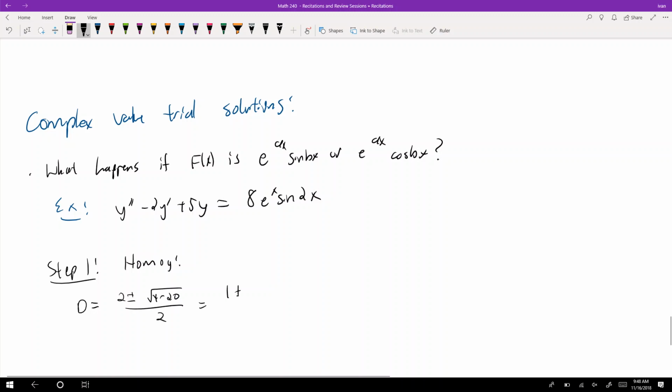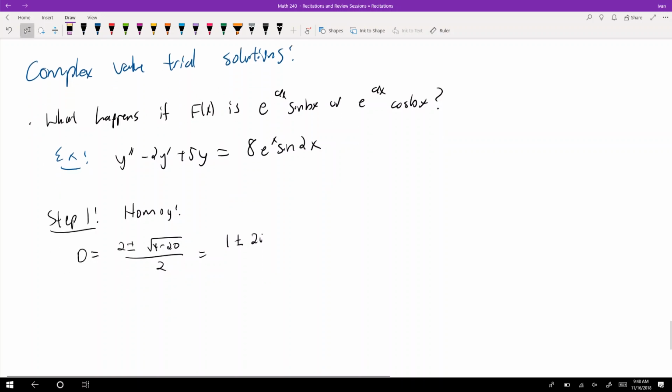So this is 1 plus or minus 2i. So you'll get yh is c1 e to the x cosine 2x plus c2 e to the x sine 2x. And you see this really nasty thing going on where the right-hand side is equal to something in your homogeneous. That's never a good sign.